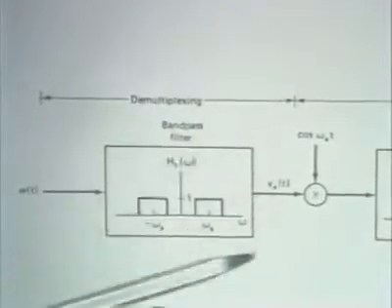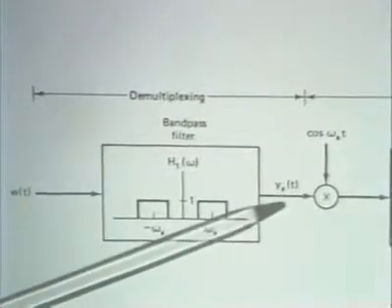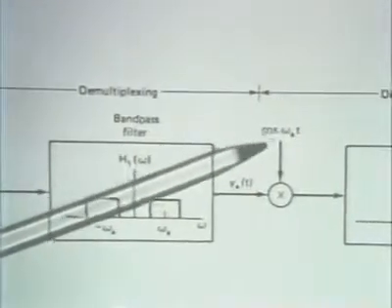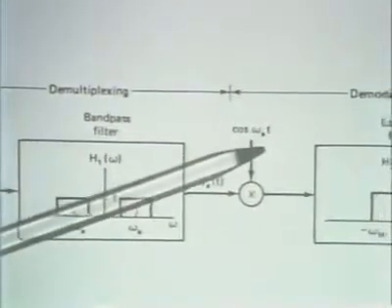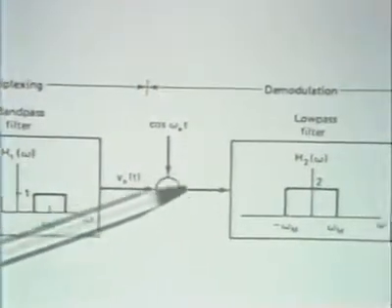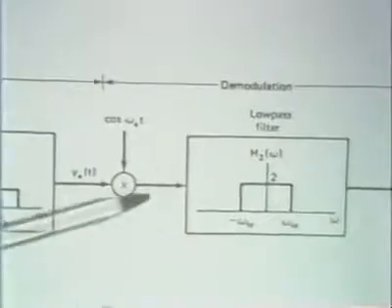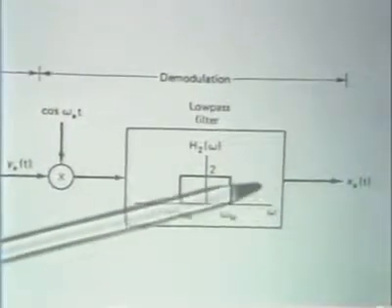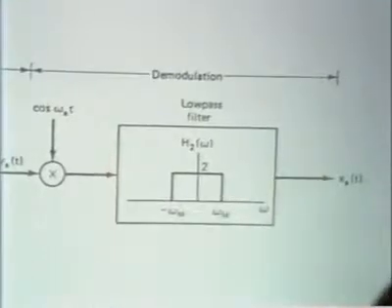And after demultiplexing, we would then demodulate, and we would demodulate with the carrier appropriate to the channel that we've pulled out. And the demodulation, of course, involves multiplying by the carrier and doing appropriate low-pass filtering to finally get the signal back.